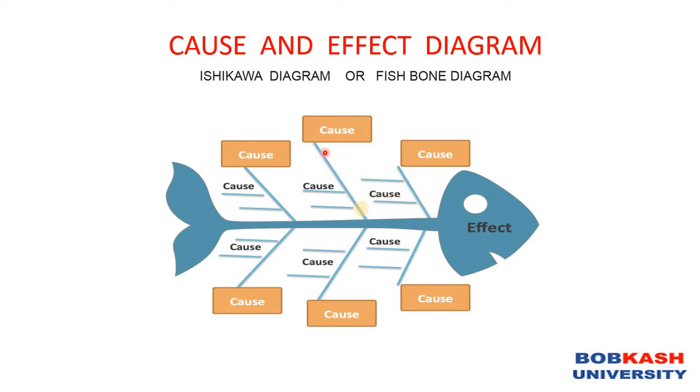This cause can have a further sub-cause. This is because of what? Because of this cause, right? So this type of representation of the effect and the causes because of which the effect happened is called a cause and effect diagram. These are the reasons, the causes of the problem, and this is the problem that we see in front of us in the process.